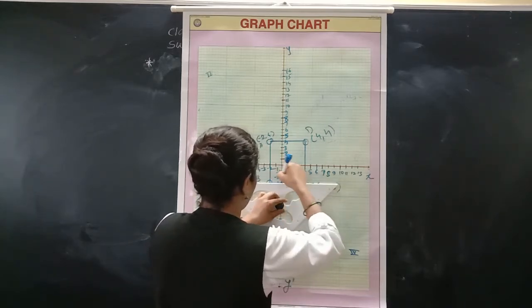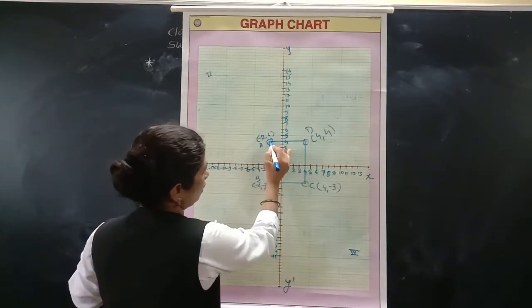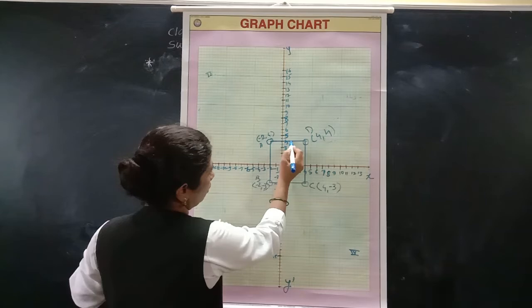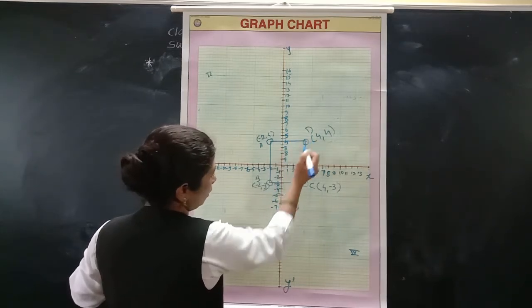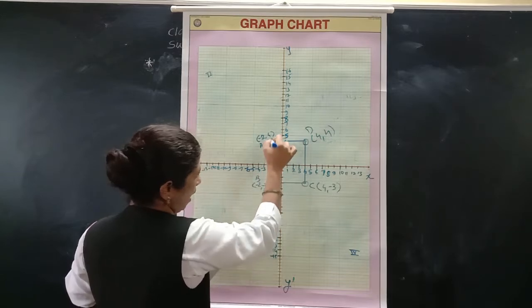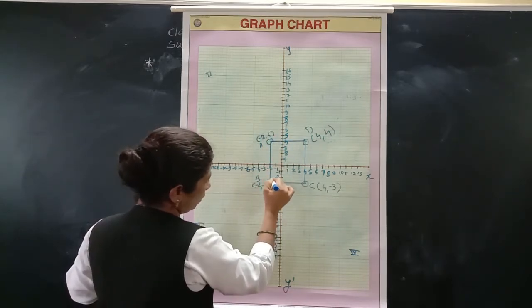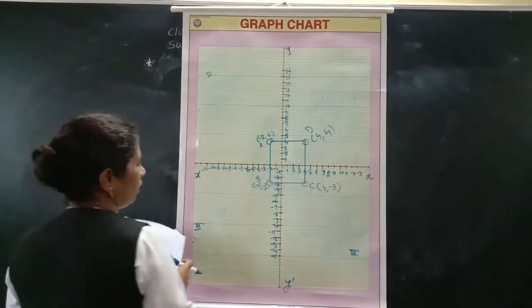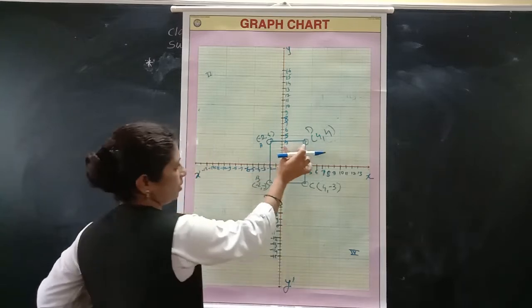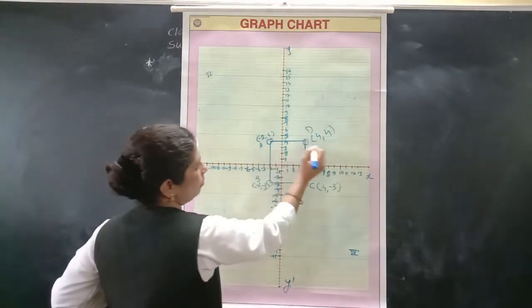Now tell me which type of figure is formed. See, the distances are here 1, 2, 3, 4, 5 and 6, which means this 4 and this 2 make 6, and here this 4, and downside here 1, 2, 3, right? So which figure is formed? This 6 means this 4 plus this 2 distance, right? So this will come 6.